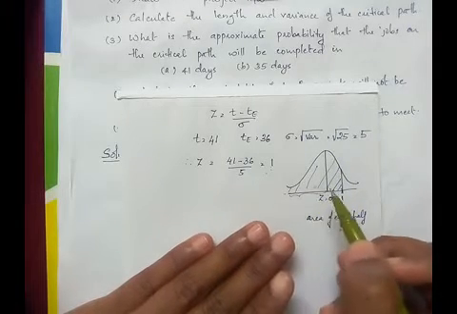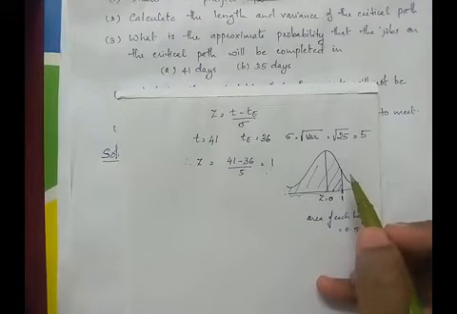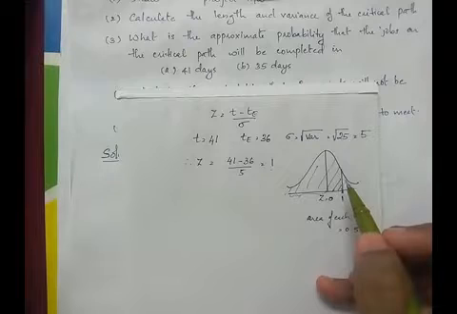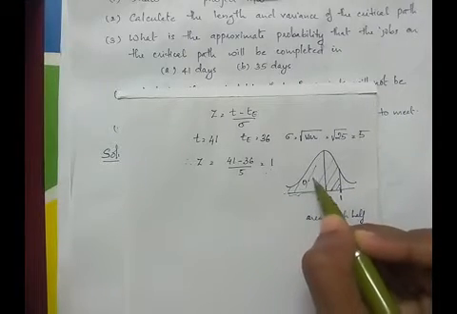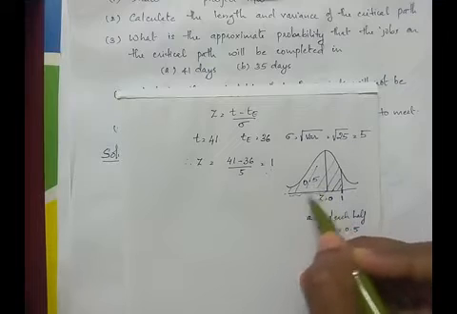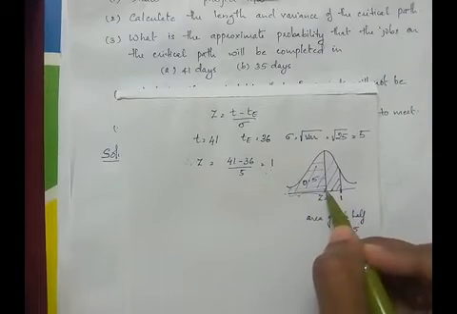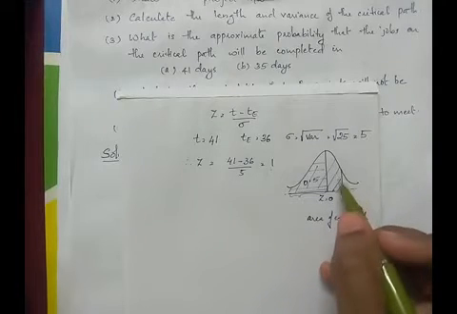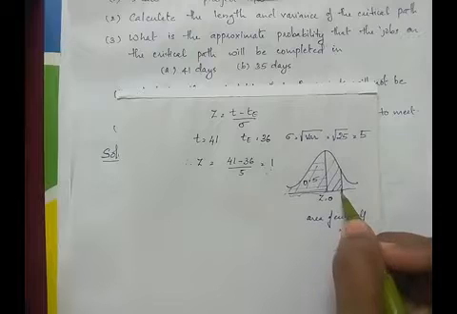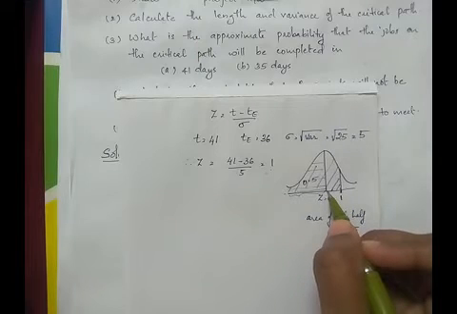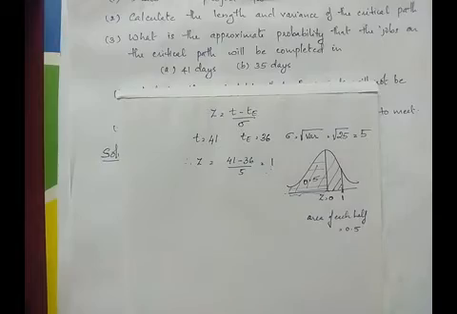We know that the area on each half of the standard normal curve is 0.5. So the area under this part is 0.5. Now we have to find the area from 0 till 1, which can be obtained from the standard normal table. So I'll show you the standard normal table.